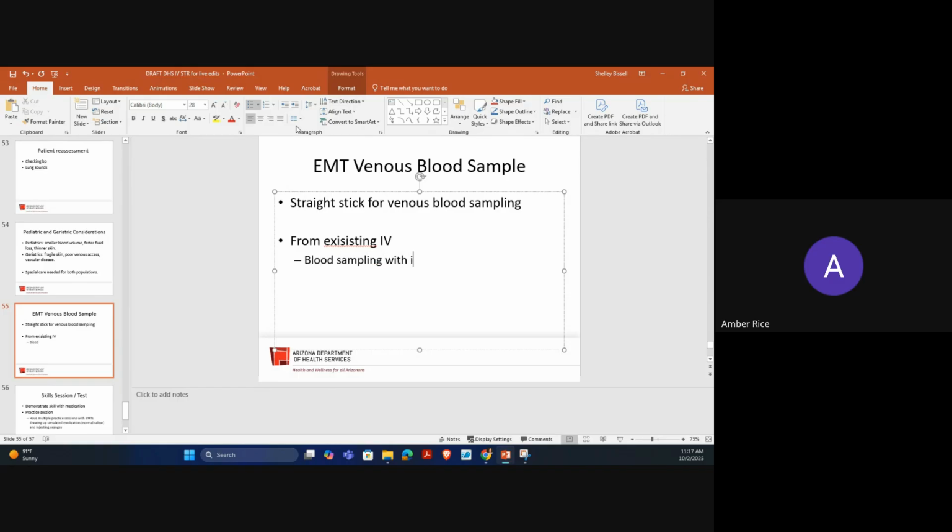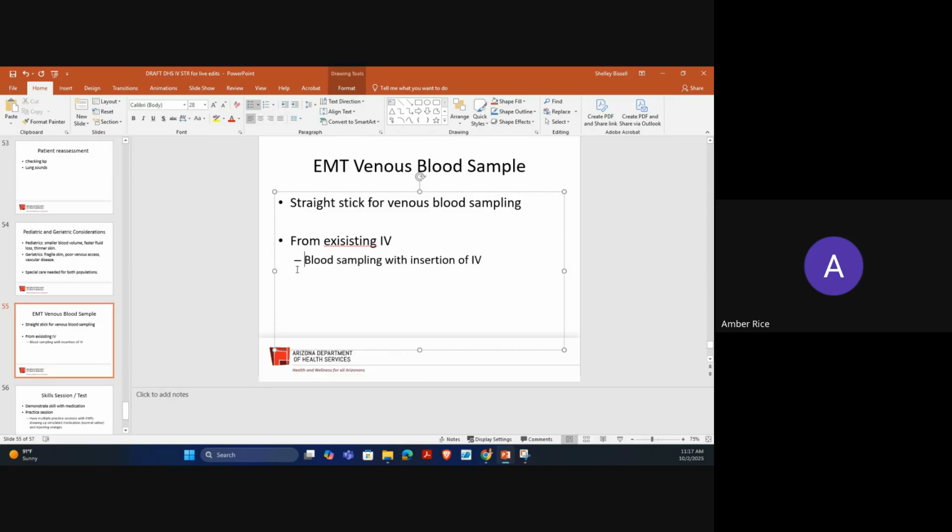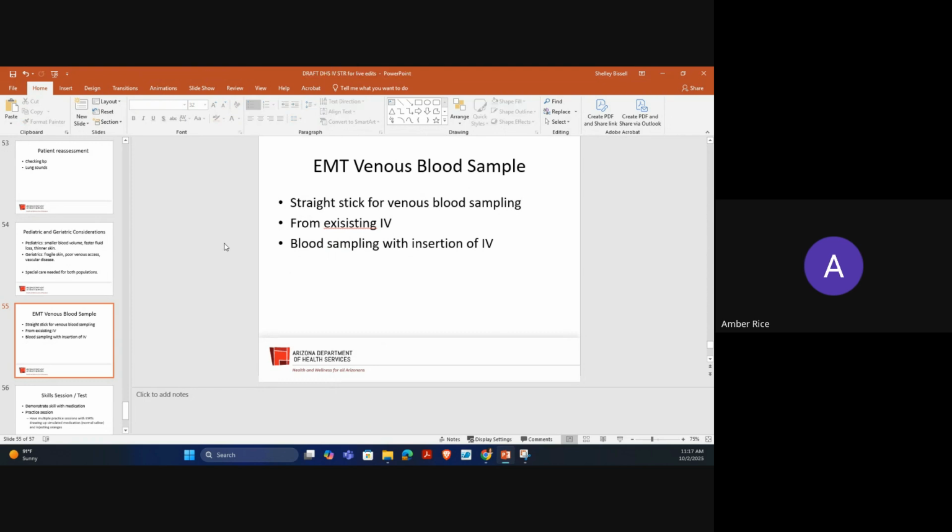And those are 3 separate bullets, Shelley, because they already have an IV in and we have to explain the difference between taking it right off the IV you just started versus taking it from an IV that's already in. And then they can also do a straight stick potentially with a butterfly needle. So then we'll need a slide for each of these probably.